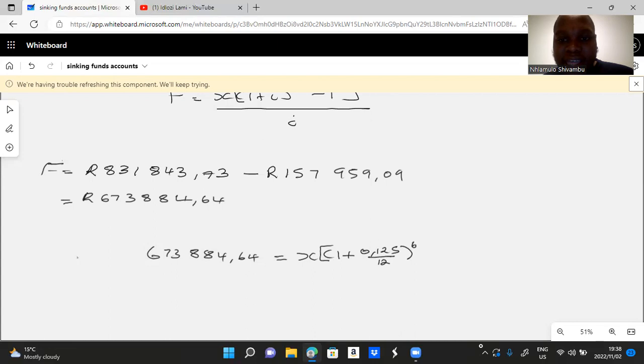Then this will give us 60, which is 5 times 12, right? And then minus 1 over 0.125 divided by 12.